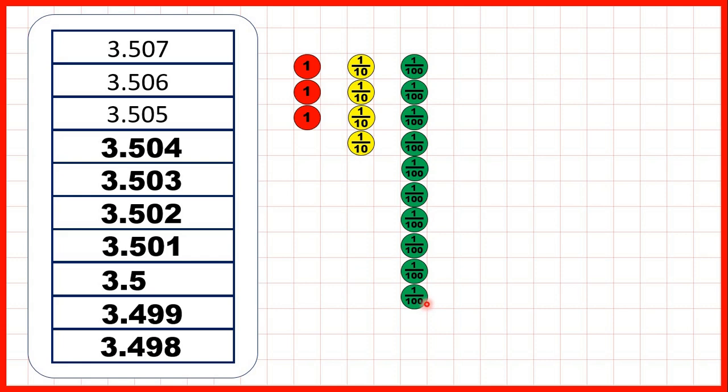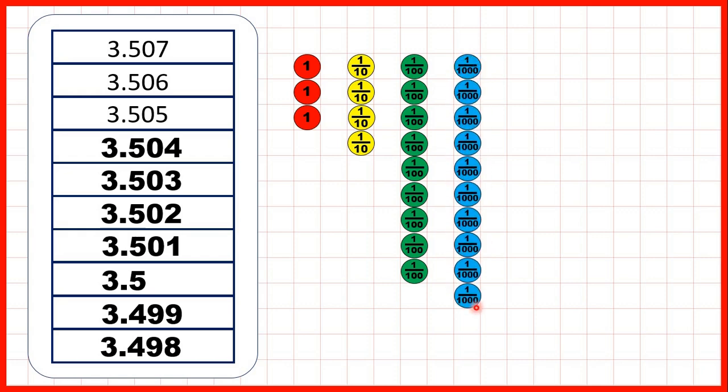But we're taking away 1,000th at a time. So what we need to do now is take one of our hundredths and exchange it for 10 thousandths. So now that we've exchanged and exchanged again, we can take away one of our thousandths, and we can see that that's 3.499, because we have 3 ones, 4 tenths, 9 hundredths and 9 thousandths. So we just need to take away one more thousandth to leave us with 3.498.